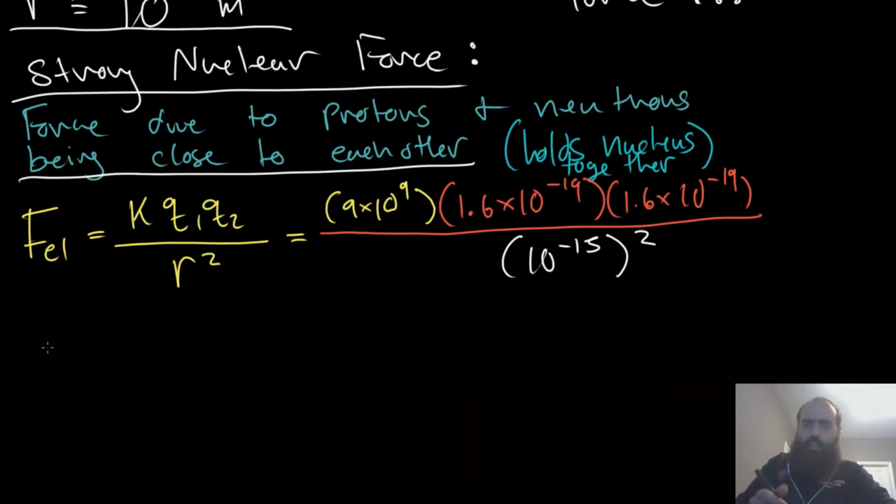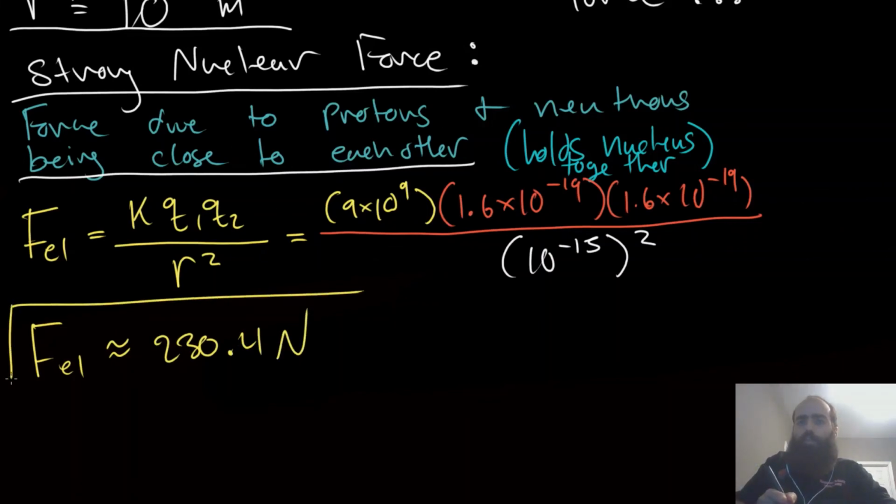If you plug that into your calculator, or into Desmos, you should get an answer that is around 230.4, and that answer is going to come out in SI units of newtons.